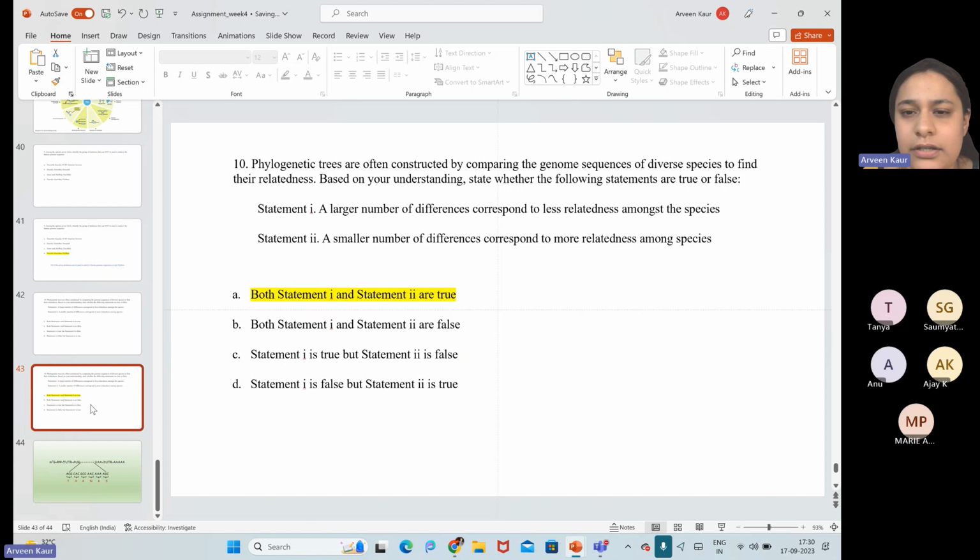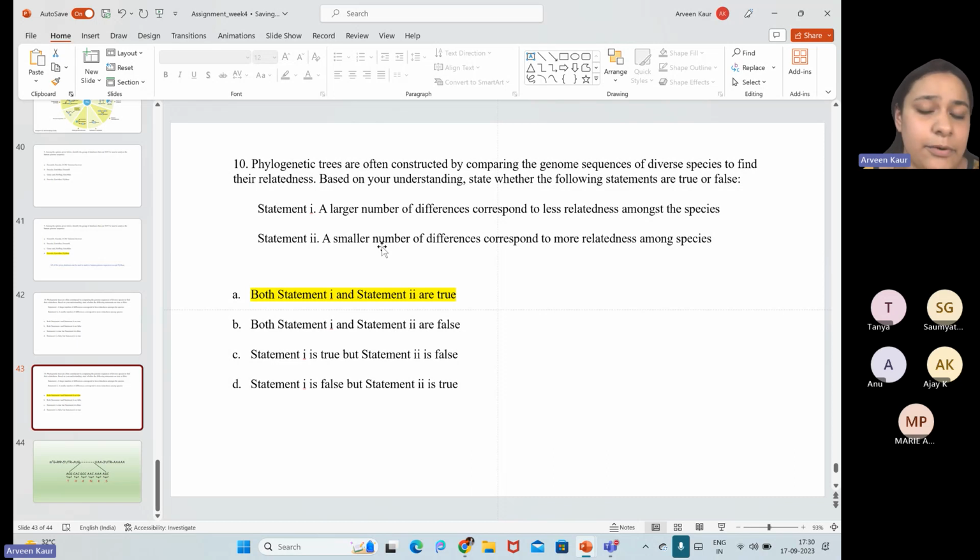Over here also, I said the same thing, that when we are building phylogenetic trees, we are hypothesizing that larger number of differences correspond to less relatedness and smaller number of differences correspond to more relatedness. That is also a hypothesis, right? I am not saying that this is the principle over here. I am saying that while constructing this, this is our hypothesis, because based on that, we are building the phylogenetic trees.